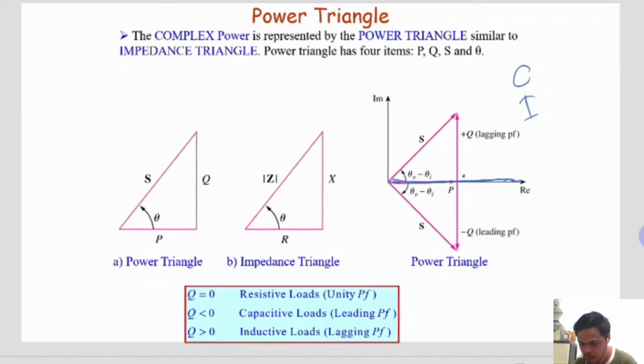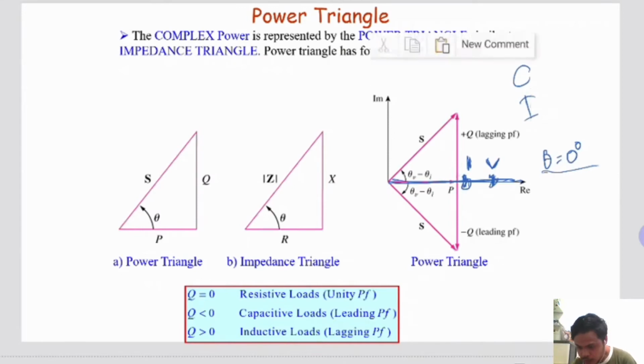Here you have your current and your voltage. They are in phase and have zero degree difference. For increasing Q, we have lagging power factor. This is for an inductive load.